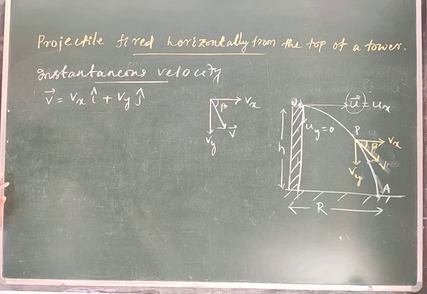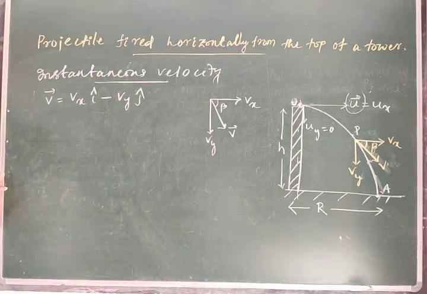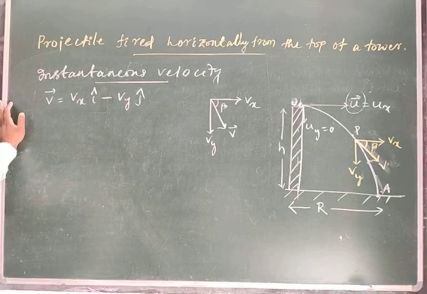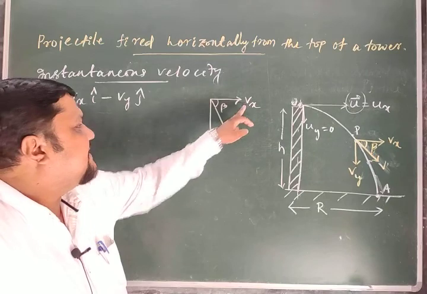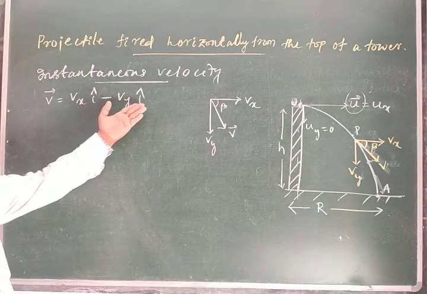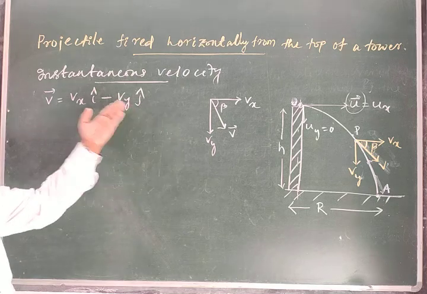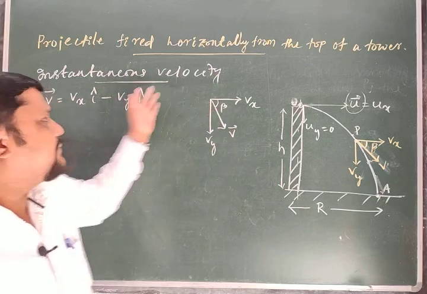This vy is along the negative y-axis, so I can write this as minus vy j cap. Here i cap is the unit vector along the x-axis and j cap is the unit vector along the y-axis. Why did I put this minus j? Because it is the minus y-axis.